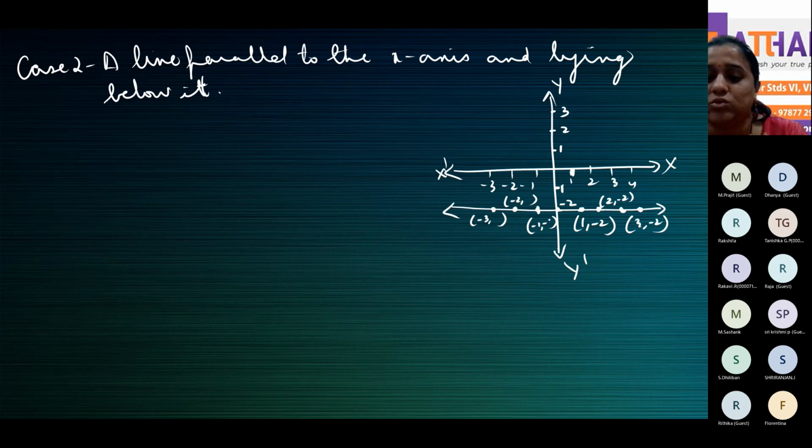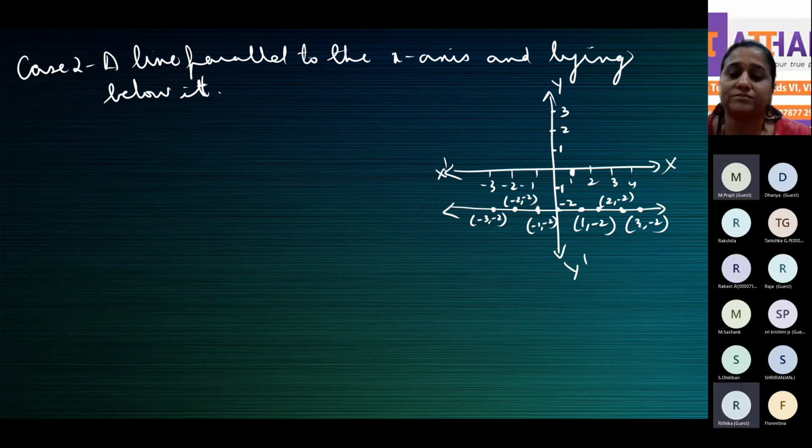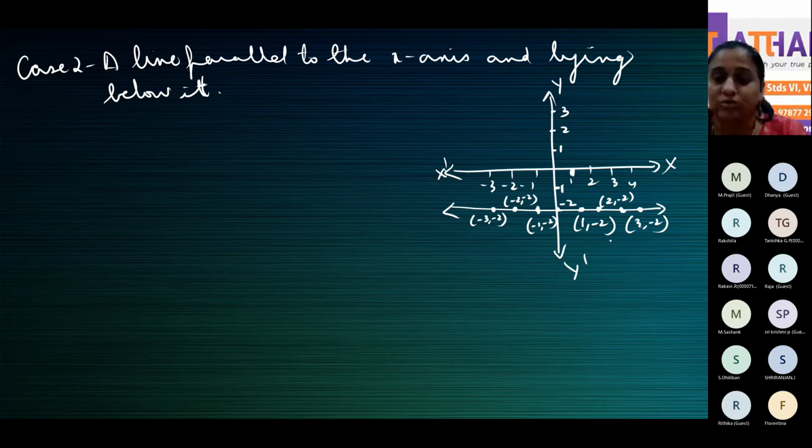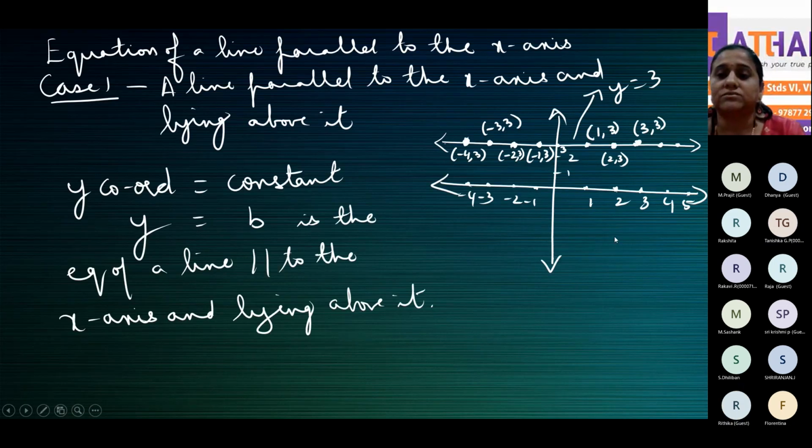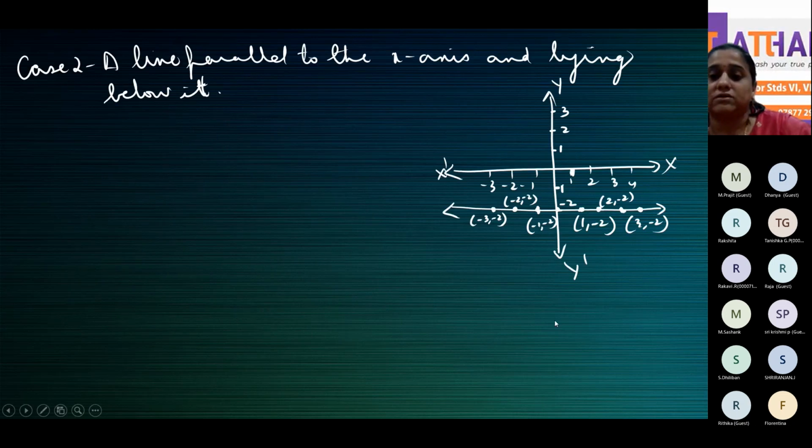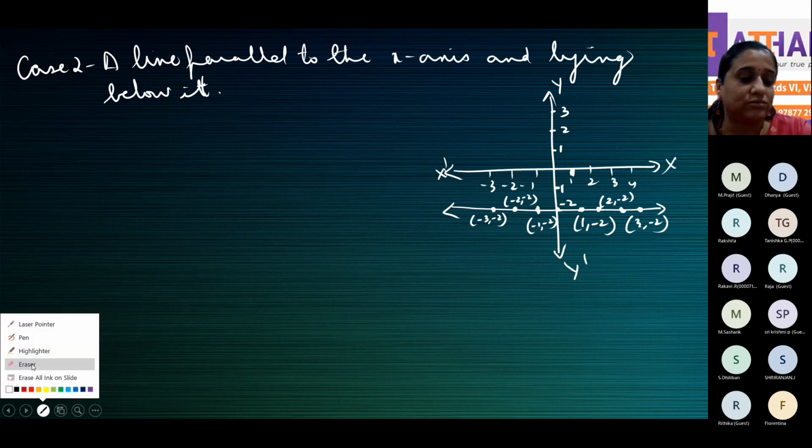-1, comma, -2. -2, comma, -2. -3, comma, -2. So which is a constant here? The x coordinate or the y coordinate? Y coordinate is a constant and that is equal to -2. So here the y coordinate is -2.